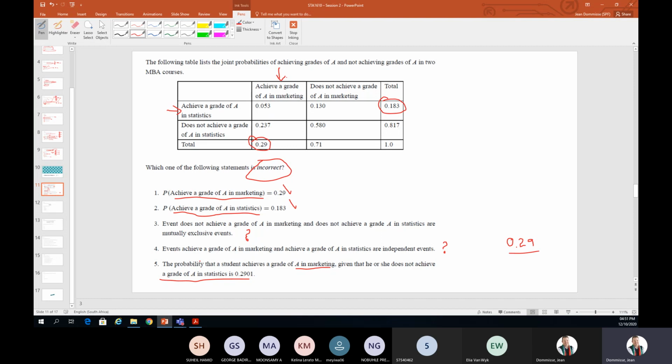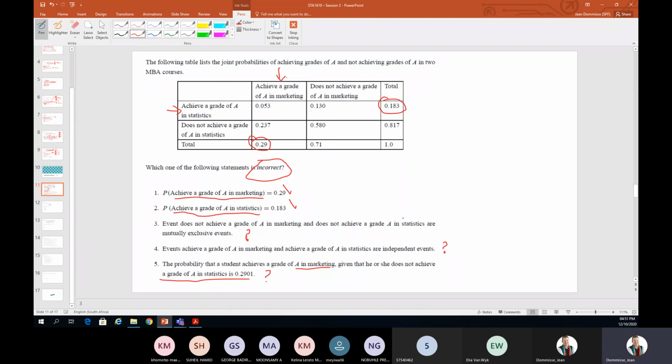And given that he does not achieve a grade of A in stats. Okay, so let's quickly see. Okay, so that is another one that I'm going to mark now, let's look at those.